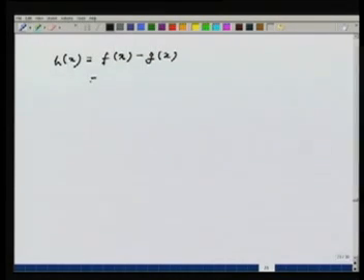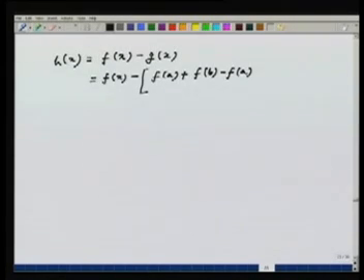That is, f(x) minus [f(a) plus (f(b) minus f(a)) by (b minus a) into (x minus a)].